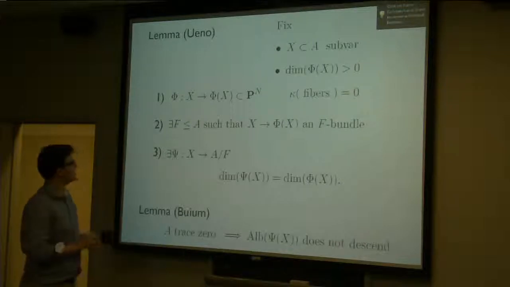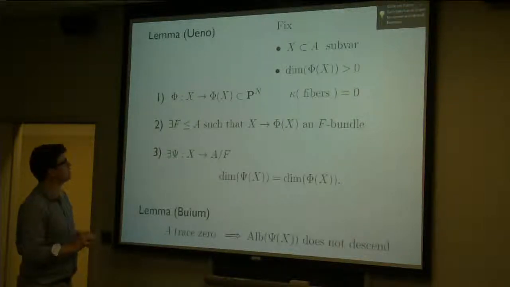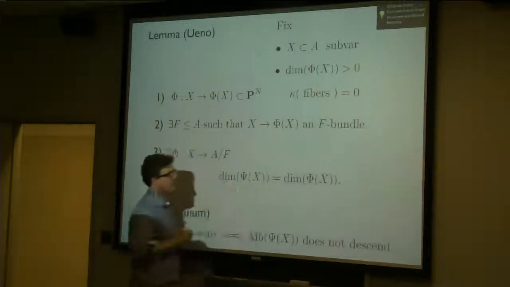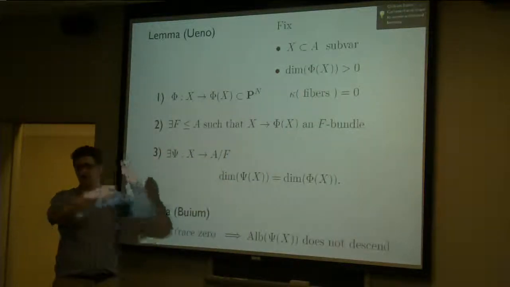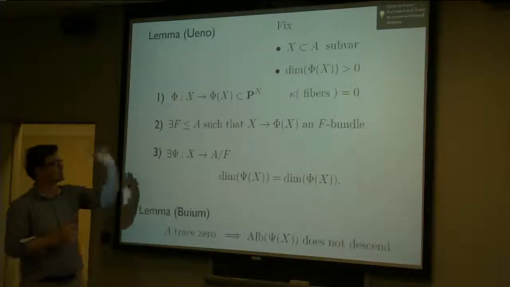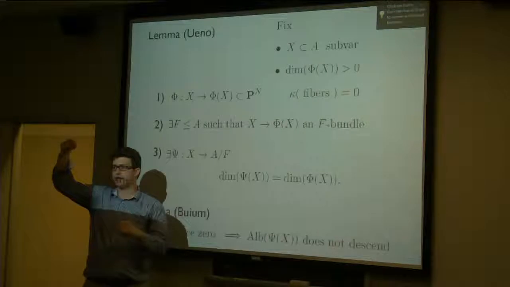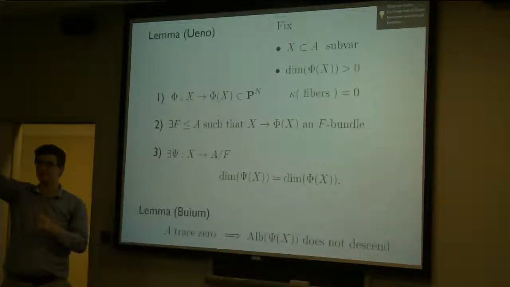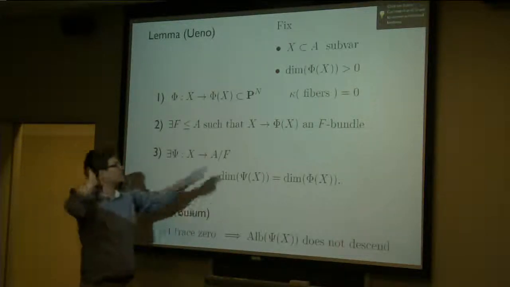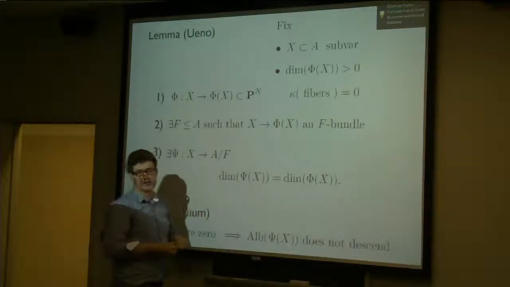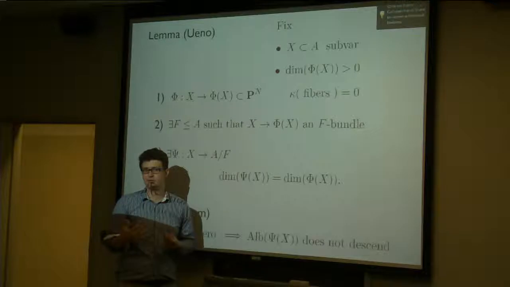Okay? And so what you can do then is take this map and look at the fibers of it. The fibers of this map are going to be subvarieties of an abelian variety, and they're going to have Kodaira dimension 0. So in particular, every fiber is going to be an abelian variety.